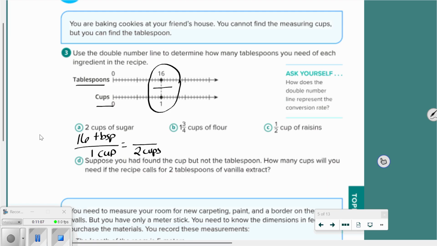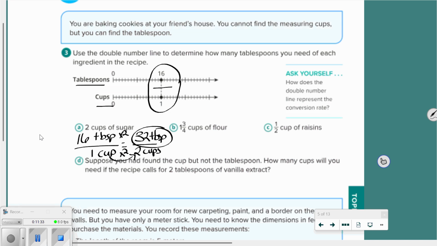The first fraction is my conversion. The second fraction is what they gave me in my problem. Does that make sense? It's not hard, guys. So what am I going to do to that 1 cup to get to 2 cups? Multiply it by 2. So 16 times 2? 32. 32 tablespoons. That's all you're doing.